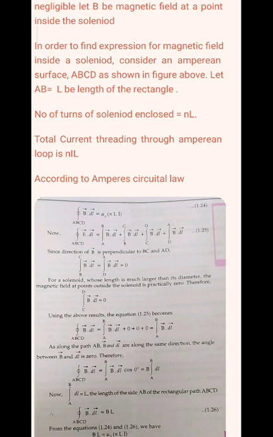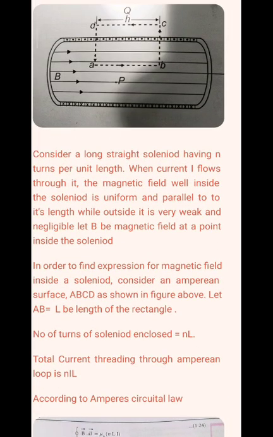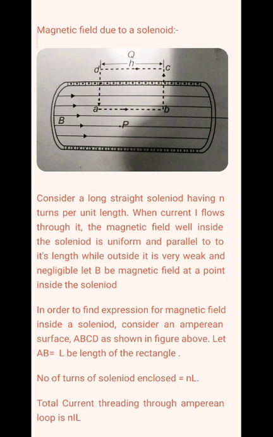We can divide it into four parts: the integral of B dot dl from A to B, then B to C, C to D, and D to A. We take the integration along lengths AB, then BC, then CD, and DA.